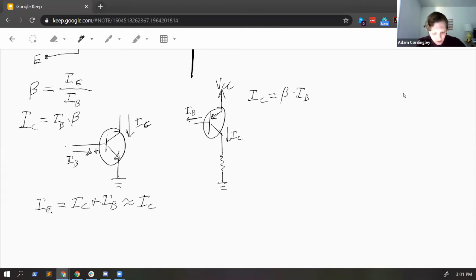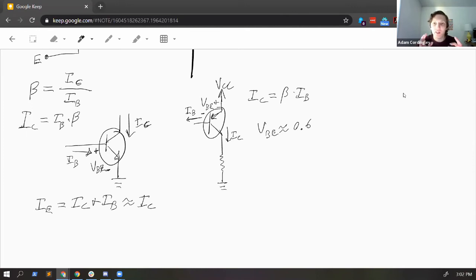So between here and here, we could call this VBE, V base emitter. Likewise here, we have VBE. And VBE is about, let's say, 0.6 volts, because it'll be between 0.5 and 0.7, somewhere around there.